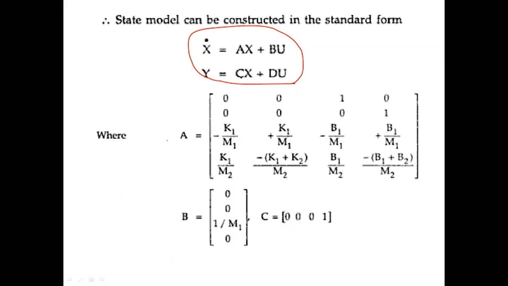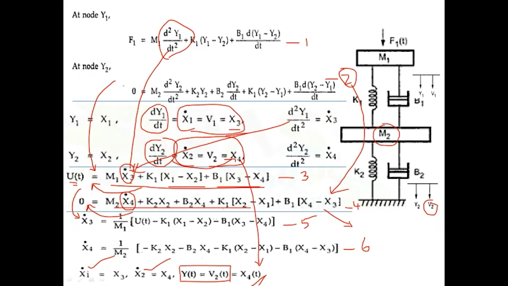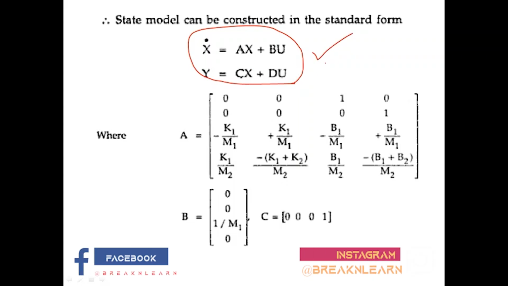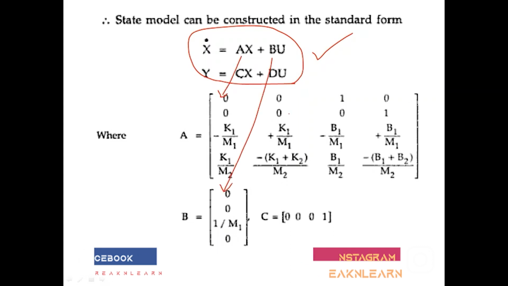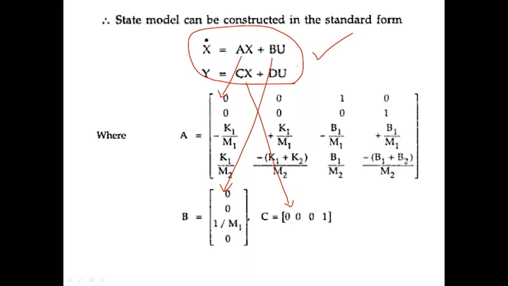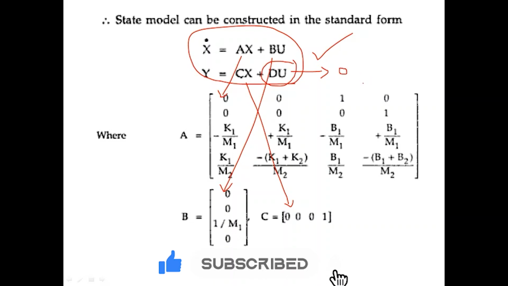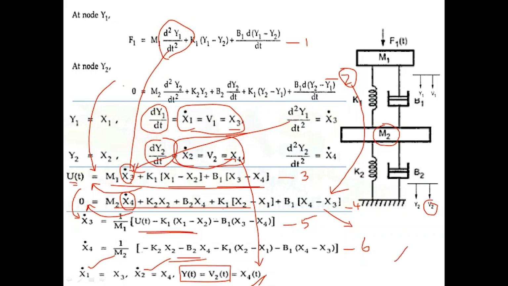From the above expressions, x1 dot, x2 dot, x3 dot and x4 dot, you can rearrange these expressions and write the state model easily. From the expressions you can find A matrix, B matrix, C matrix, and of course here D matrix is going to be 0. There is no feed forward path. This is how you obtain the state model from the given mechanical system.